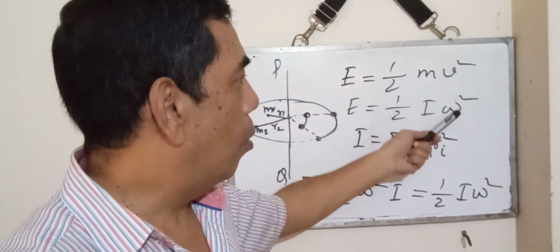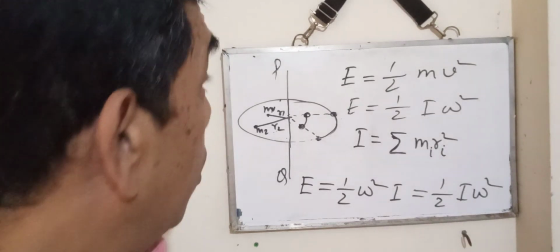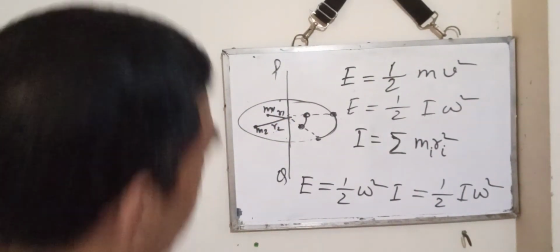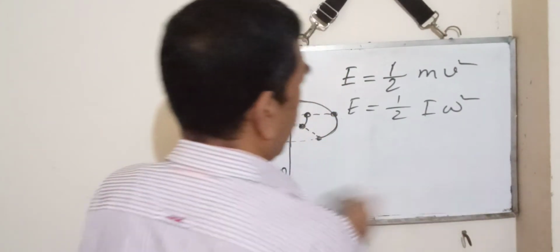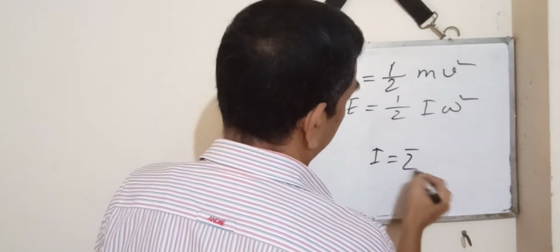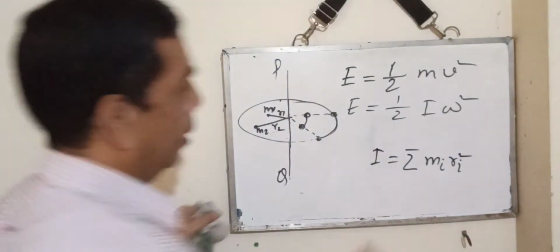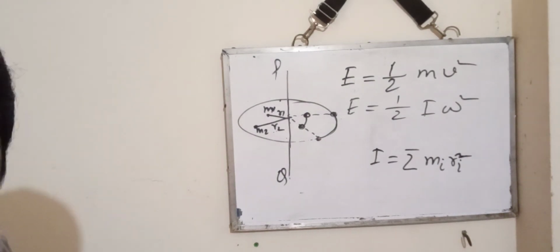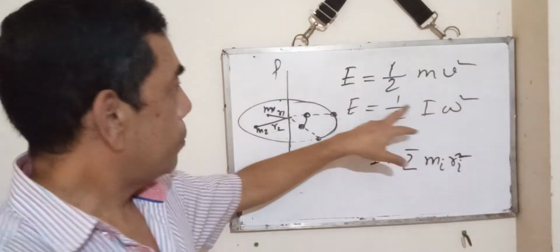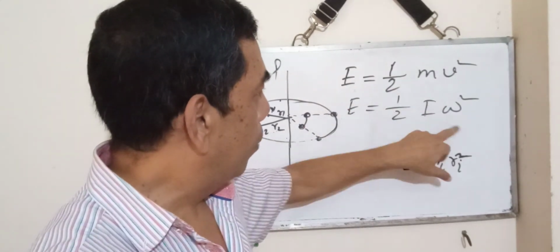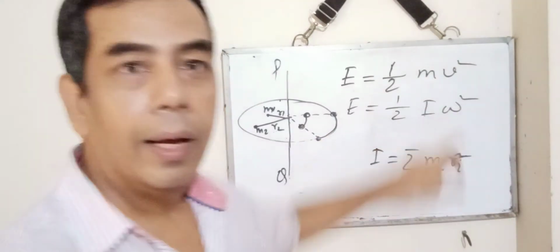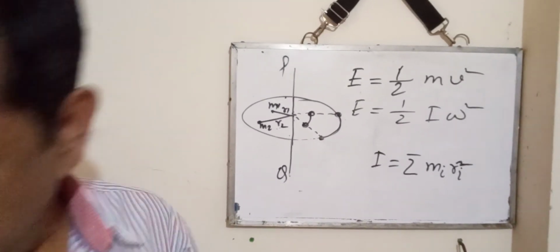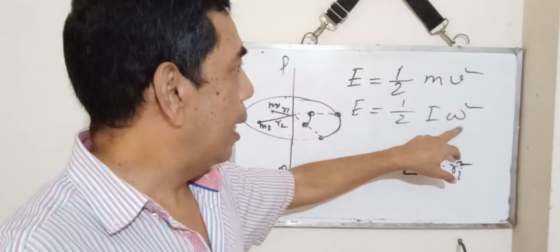V means linear velocity, omega means angular velocity. Here I equals summation m_i r_i square.